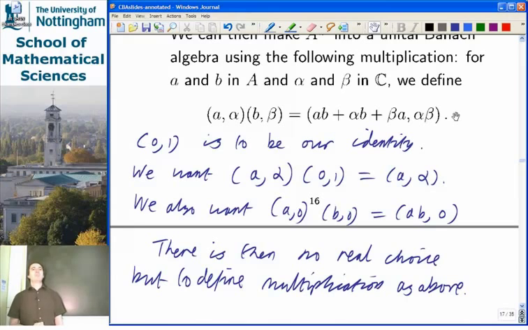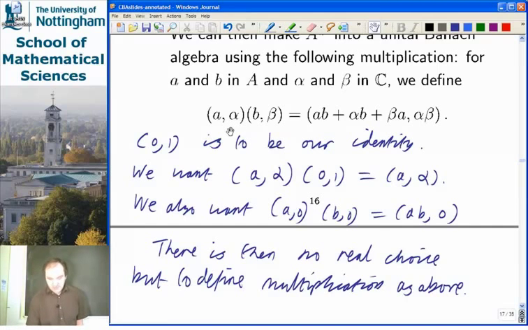It basically follows now from the distributivity rules that you want. So you just start with this and apply the distributivity rule and note that you want bilinear multiplication, and you don't have much choice. So you multiply the a and the b together, then the beta, which is acting like a constant, gets multiplied by the a and gives you the beta a there.